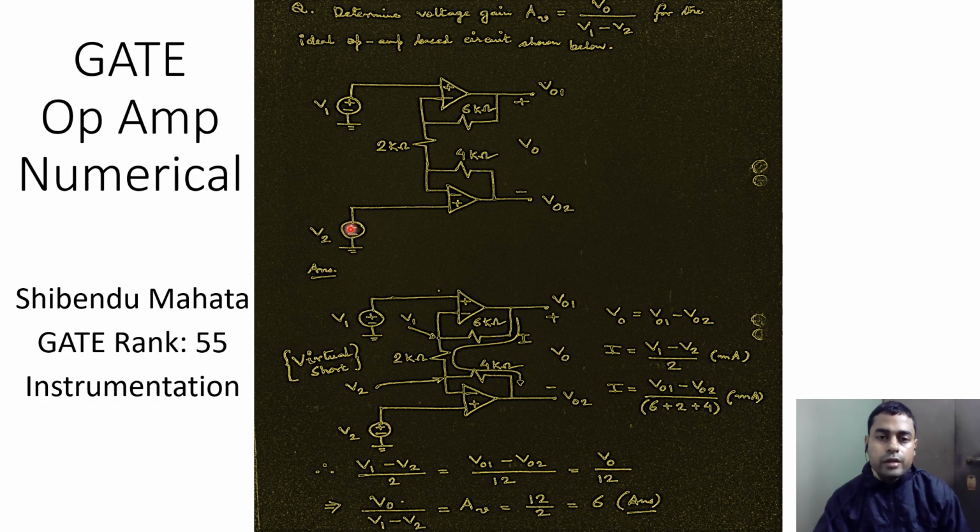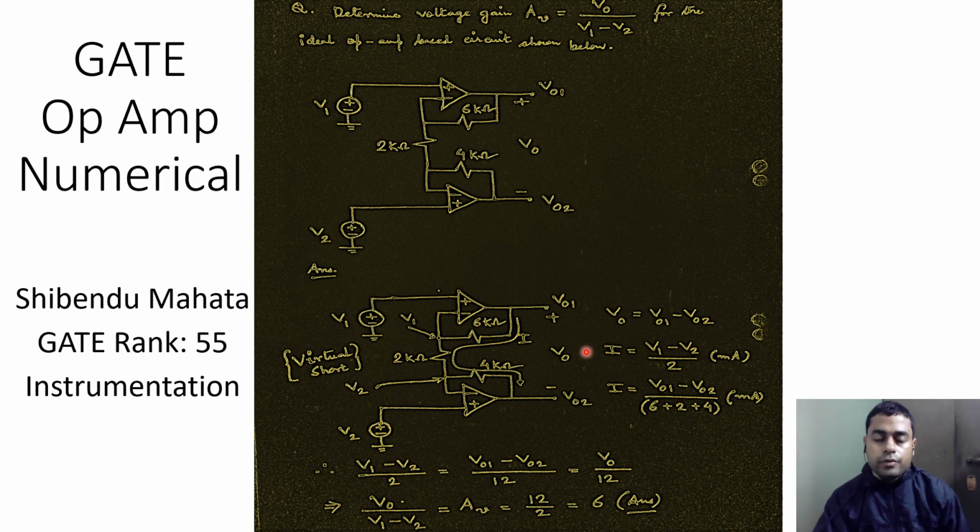In a similar manner, because the non-inverting input terminal for the bottom op amp is at V2 volts, the voltage at the inverting input terminal at this node will also be at V2 volts. So if this is our circuit, we have already identified that the voltage at this node will be V1 and the voltage at this node will be V2.